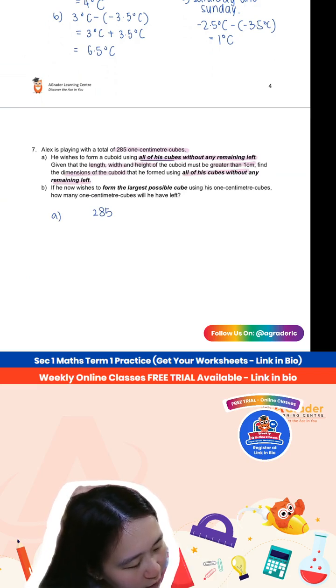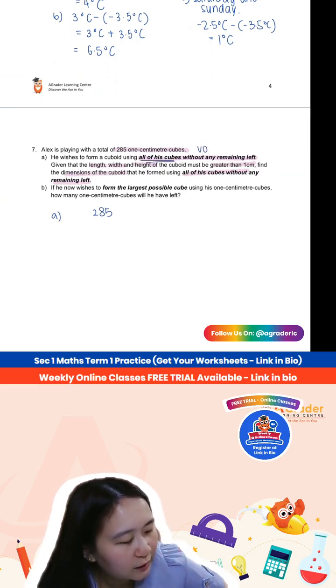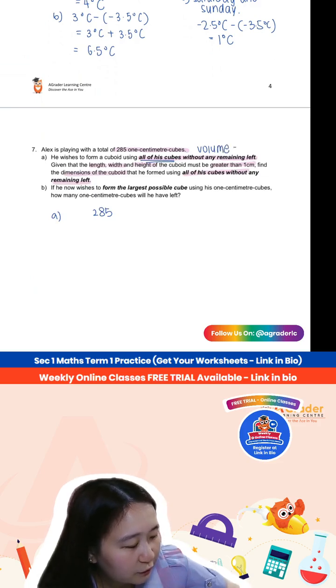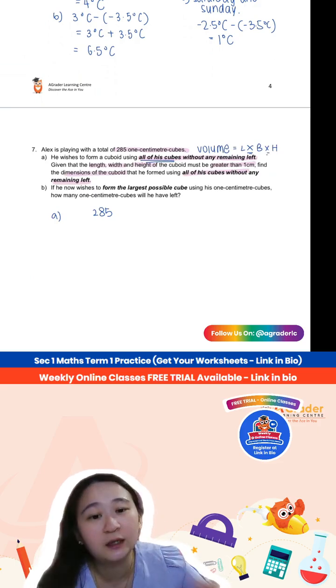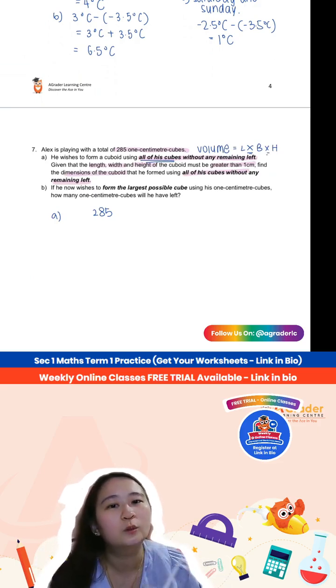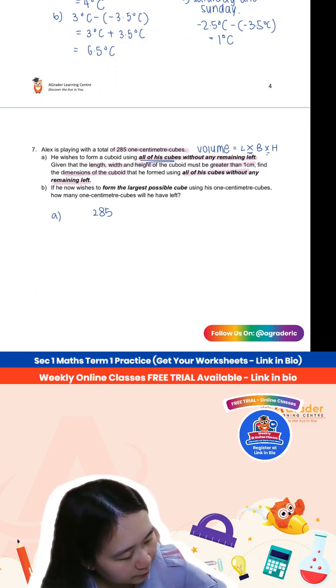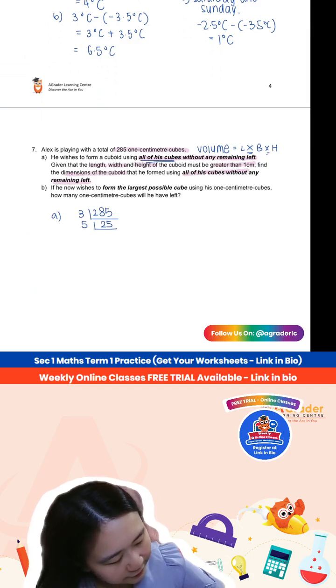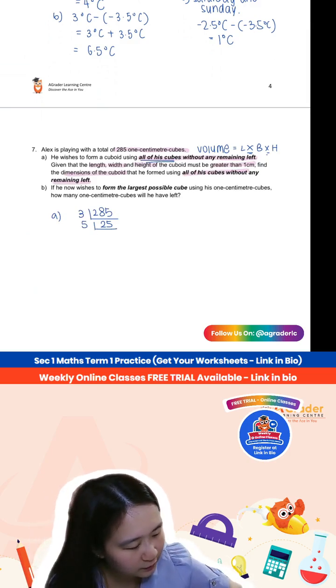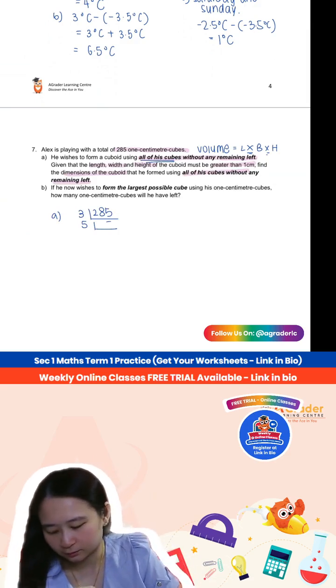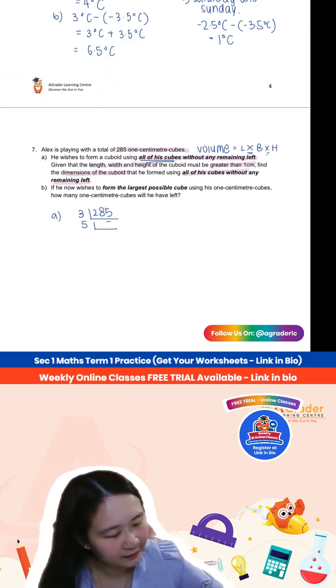When you're using all the cubes, they're talking about volume here. So for volume, we need the length times breadth times height. They're associated by multiplication sign. So we have to find the prime factors of 285. Divide by 3, we get 25. Divide by 5, we get 95 here.